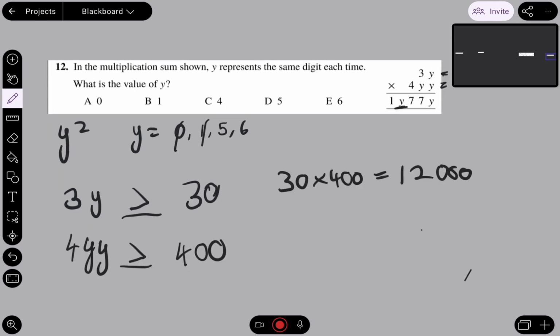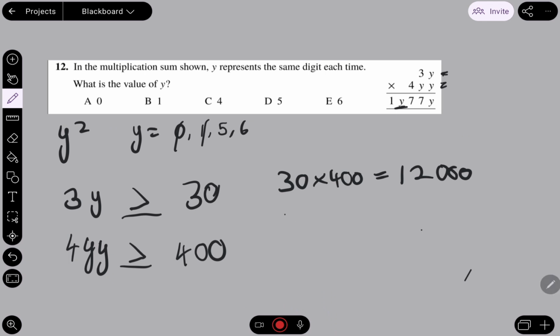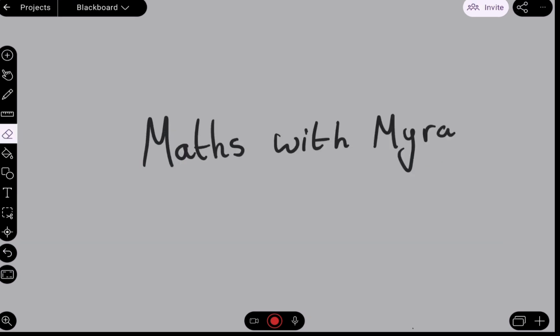So all that remains is to check 5 and 6. If we start with 5, we get an answer of 15,925. And if we try it with 6, we get 16,776, which works. So our answer is E, 6.